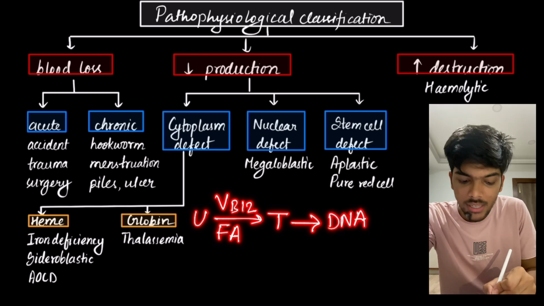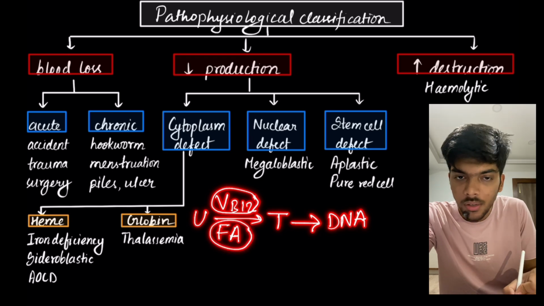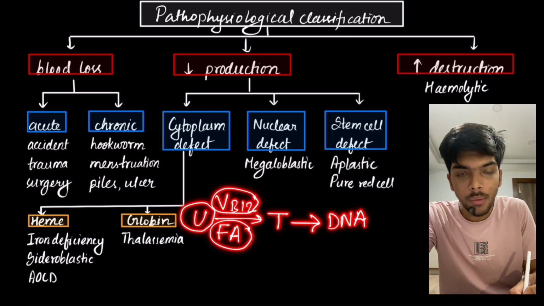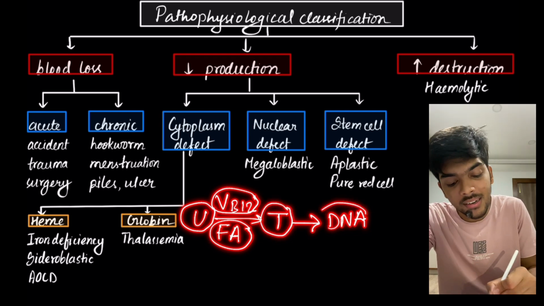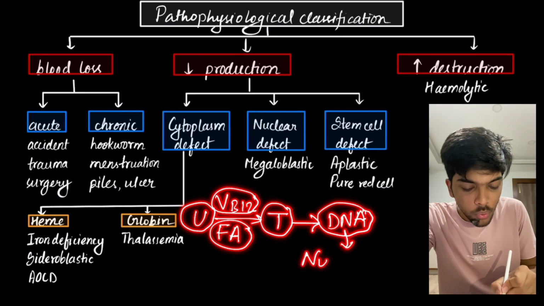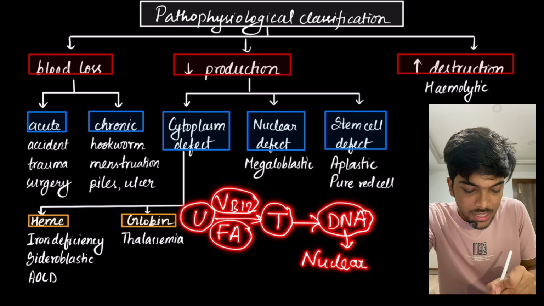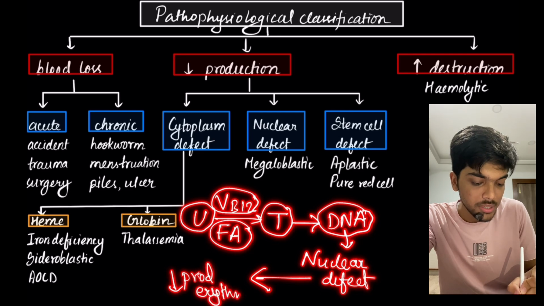In megaloblastic anemia, either due to deficiency of vitamin B12 or deficiency of folic acid or deficiency of both, this uracil containing molecule does not get converted into thymine containing molecule. As a result, DNA synthesis does not take place, leading to nuclear defect in stem cell and progenitor cell of erythrocytes. As a result, there is decreased production of erythrocytes or RBCs.